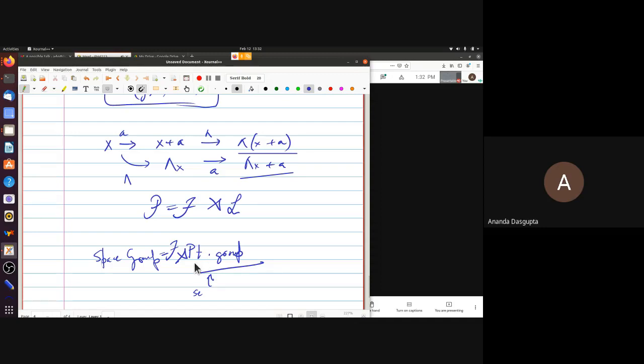The point is, these are group theoretical things, and space group actually is a semi-direct product in exactly the same way the Poincare group is. A point group operation basically would be either a rotation or a reflection. A space group operation would be a lattice translation, not all translations, but just translation by Bravais lattice vectors.